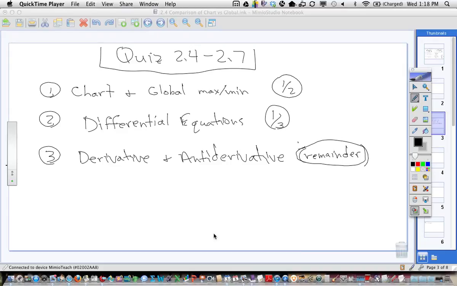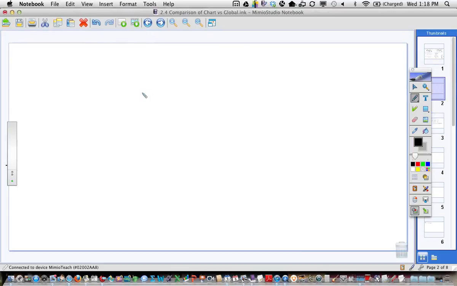All right, so let's go over this idea of a differential equation. For your notes, first of all, the definition.